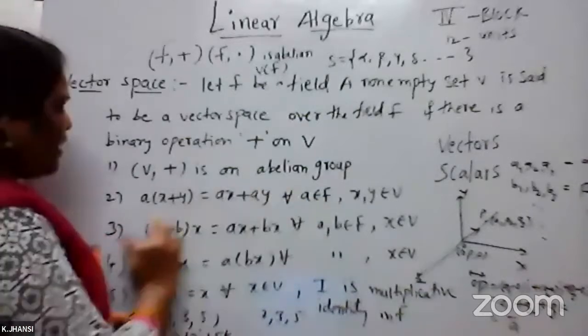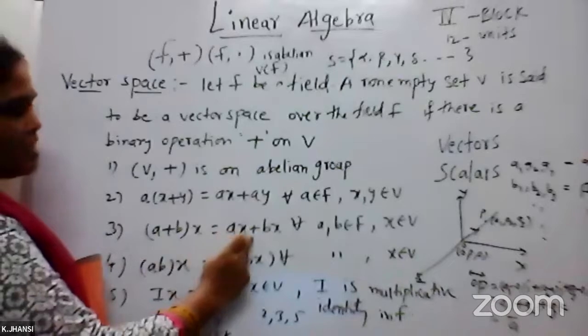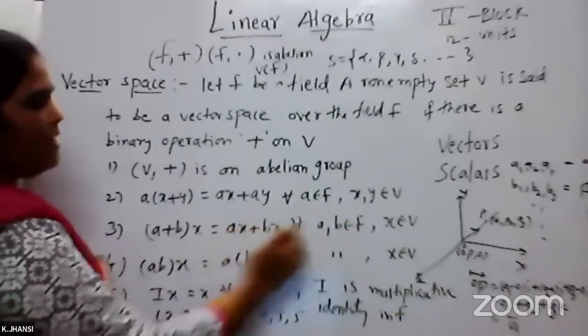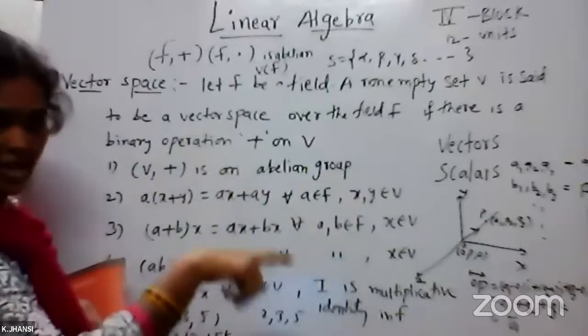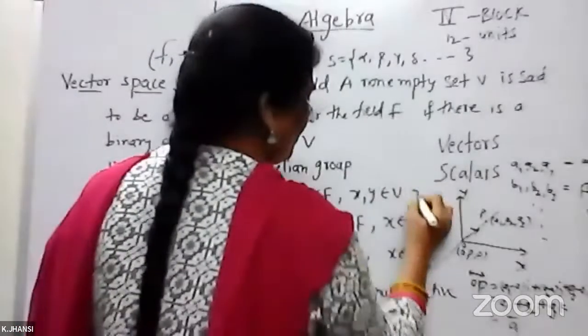Okay, and the third one is a plus b into x equals ax plus bx, for all a and b belonging to the field of scalars, and x from the set of vectors.